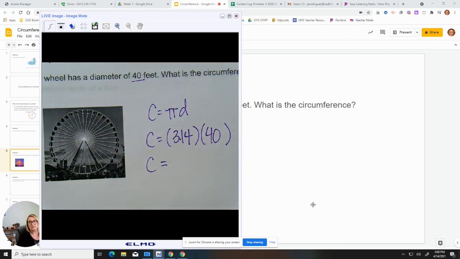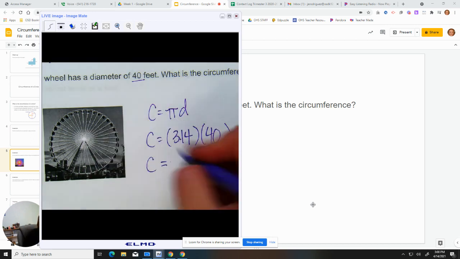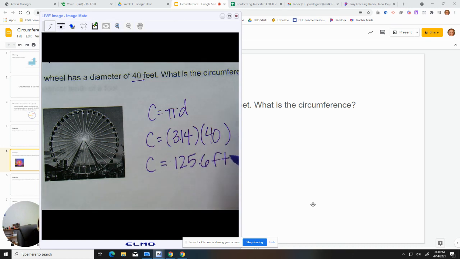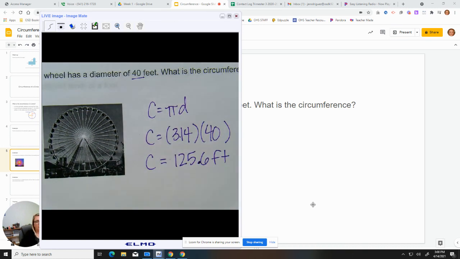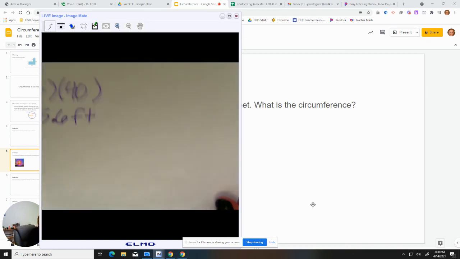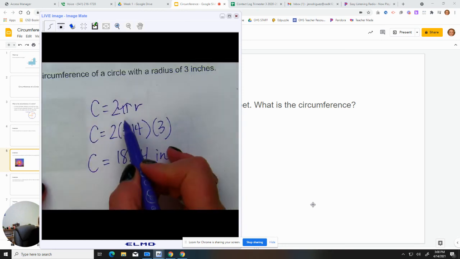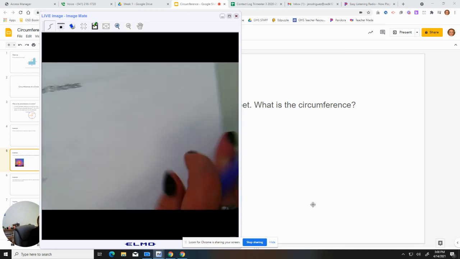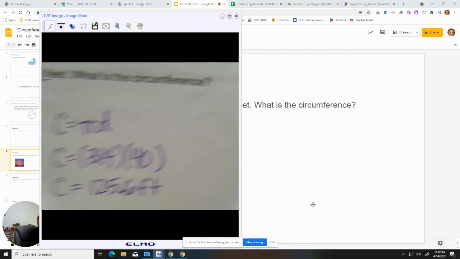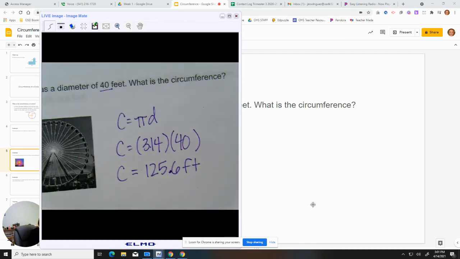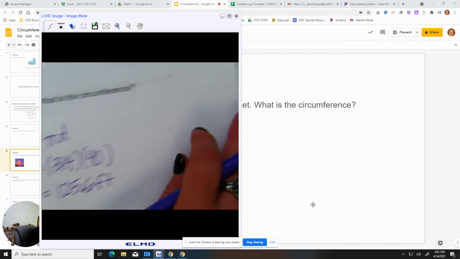It is just 3.14 times 40 or 125.6 feet. Okay, so if we're doing radius, we're using this formula, 2 pi r. If we are doing diameter, we are using the diameter formula, pi times diameter, okay?